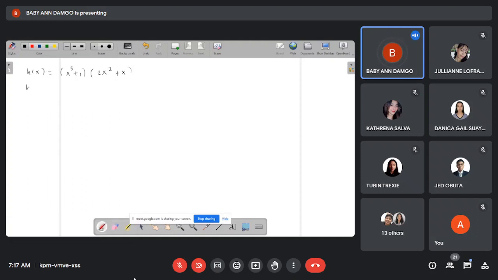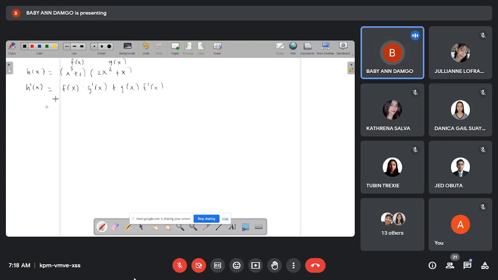So, iletra na nimo, this is f of x, and then this is g of x. So, ang derivative ani is f of x times g prime of x plus g of x times f prime of x.